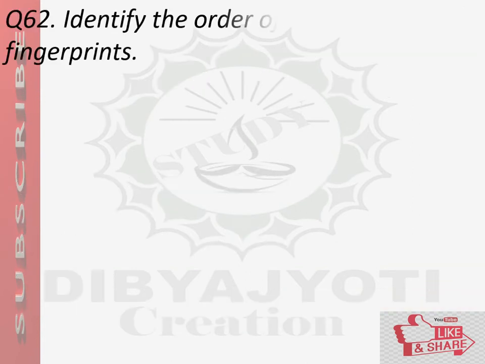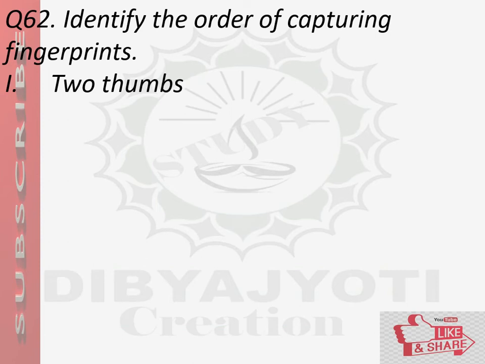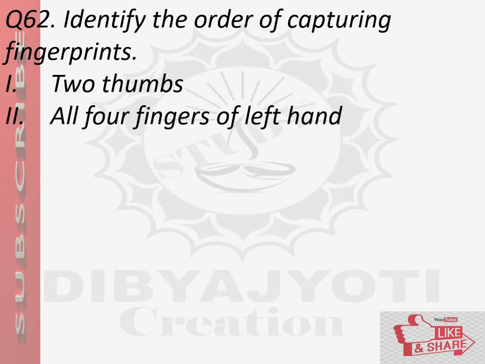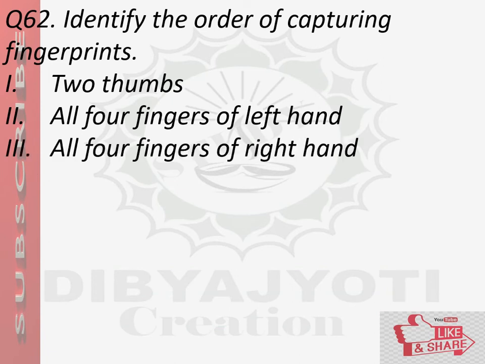Question number 62. Identify the order of capturing fingerprints. Step 1, two thumbs; step 2, all forefingers of left hand; third, all forefingers of right hand.